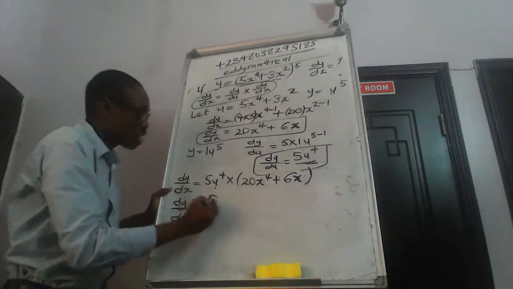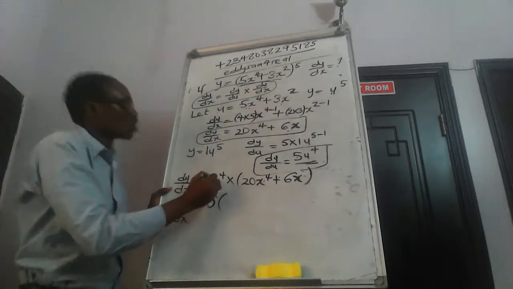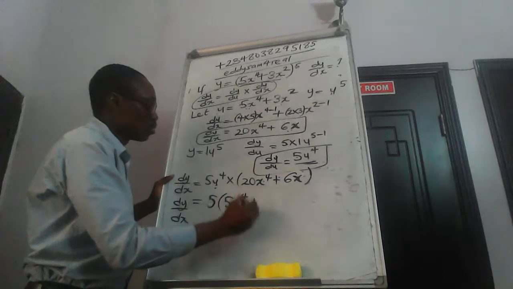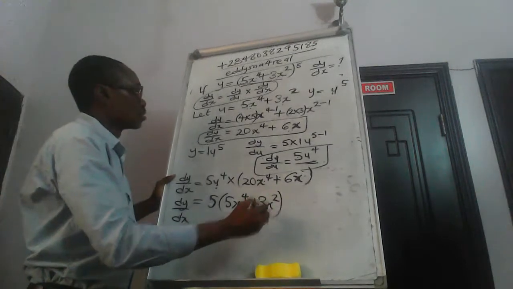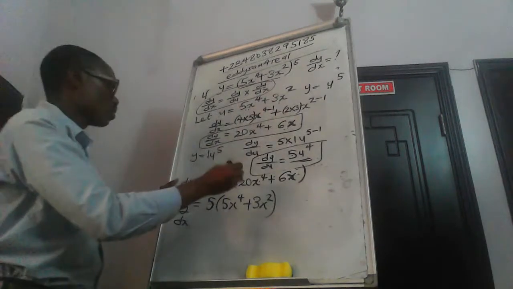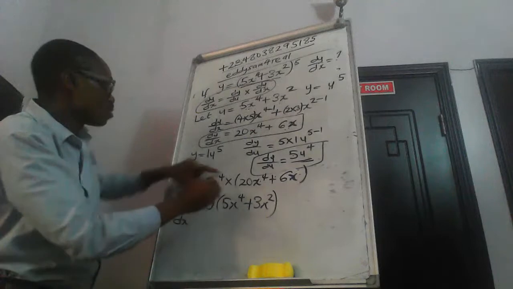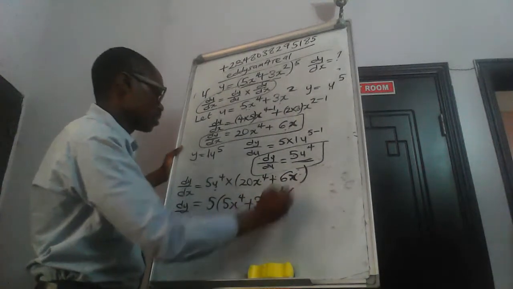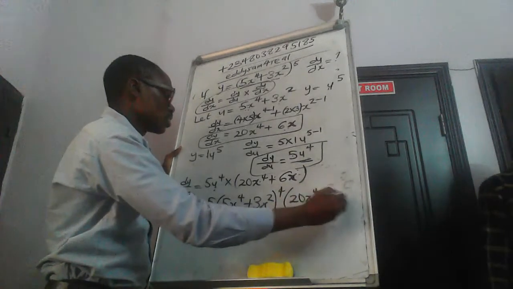So this is going to be 5 into 5x^4 plus 3x^2 raised to power 4, and 20x^4 plus 6x.